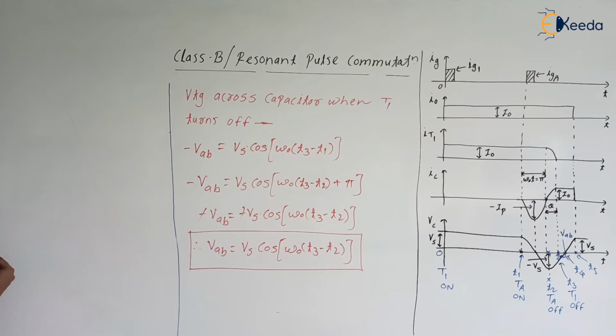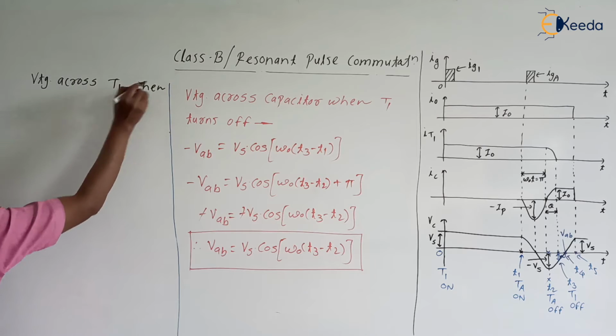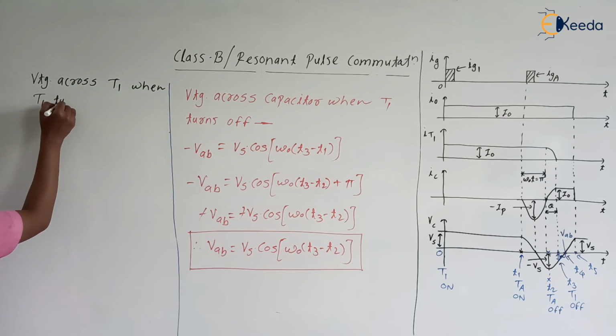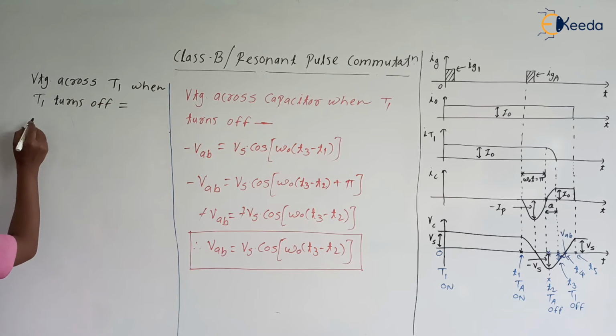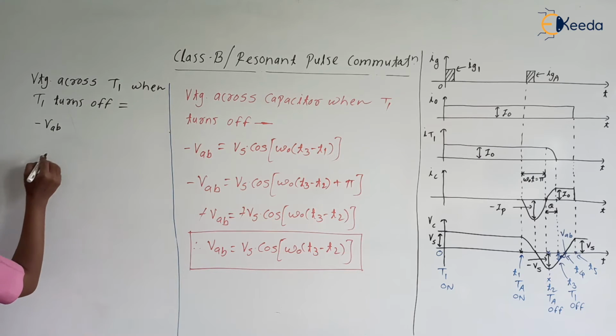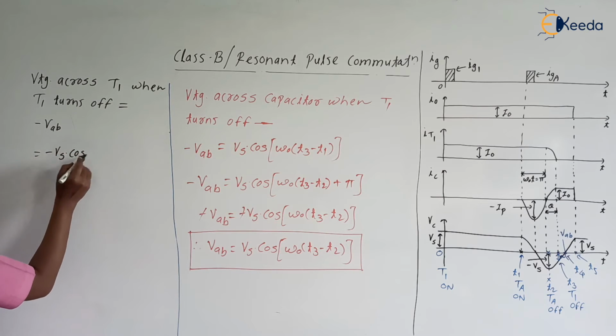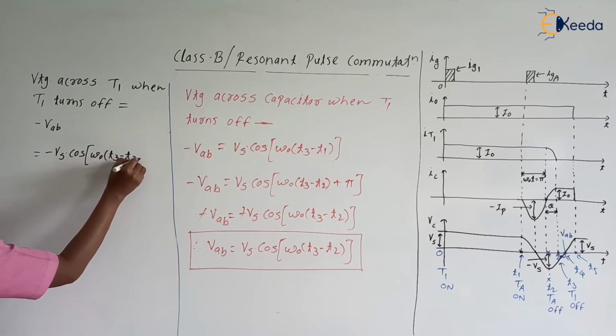It is minus VAB. The voltage across the capacitor will appear as a reverse voltage. So we can write it as minus Vs cos(omega 0 (T3 minus T2)).